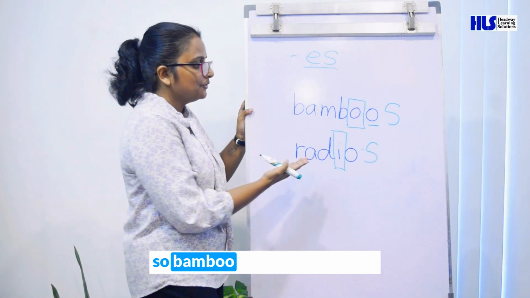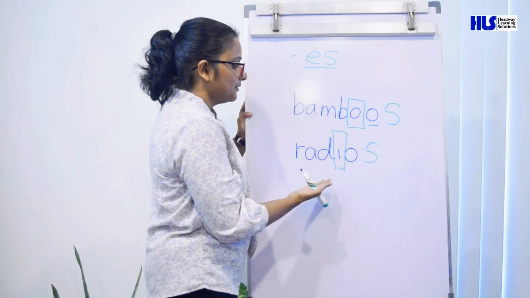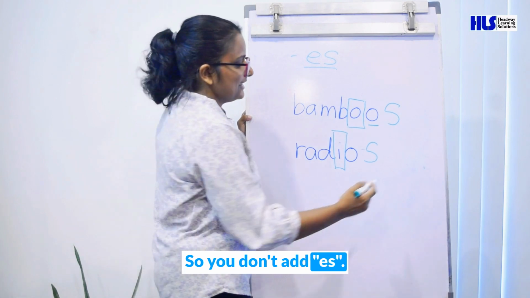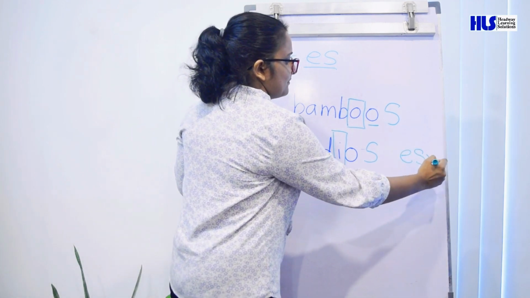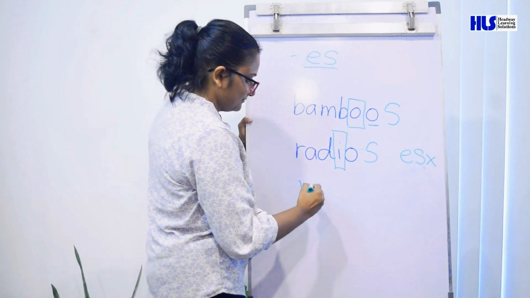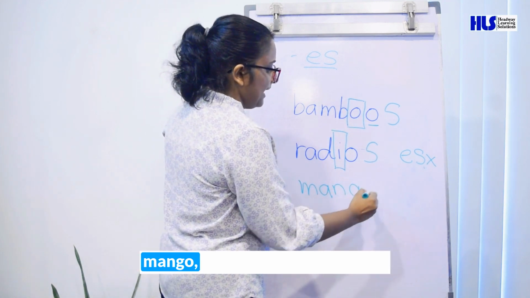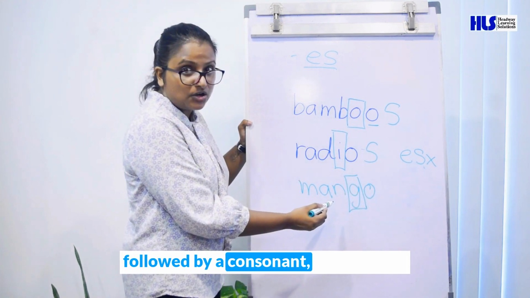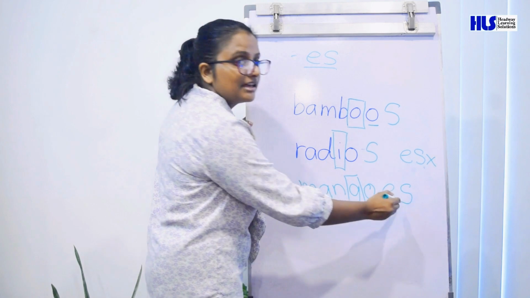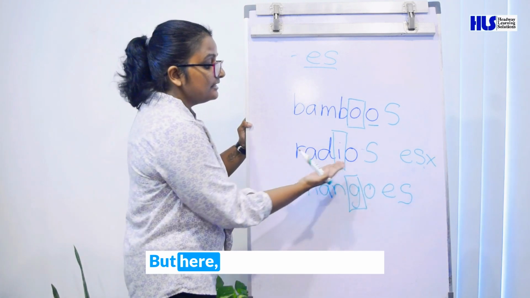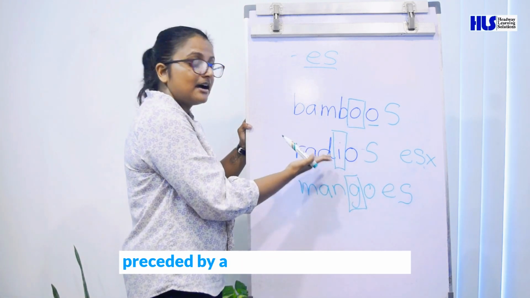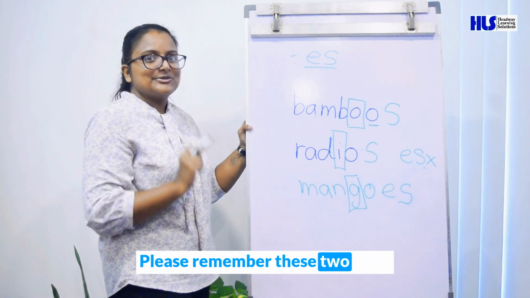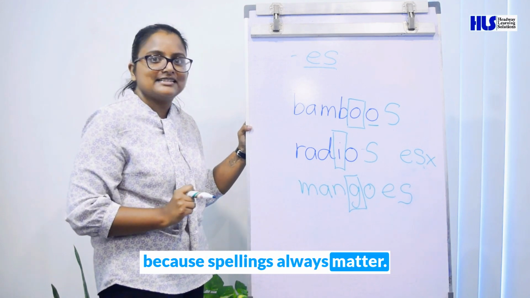So bamboo becomes bamboos. Radio becomes radios. So you don't add es. See, mango. Since the last letter O is preceded by a consonant, you add es. Mangoes. But here, since the last letter is preceded by a vowel, you only add s. Please remember these two rules because spellings always matter.